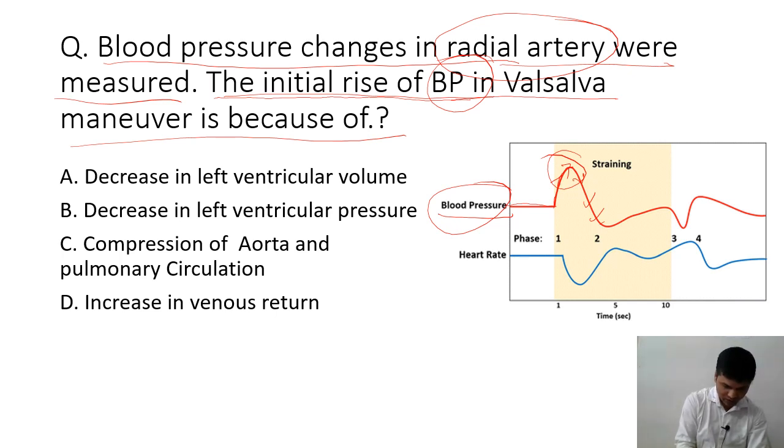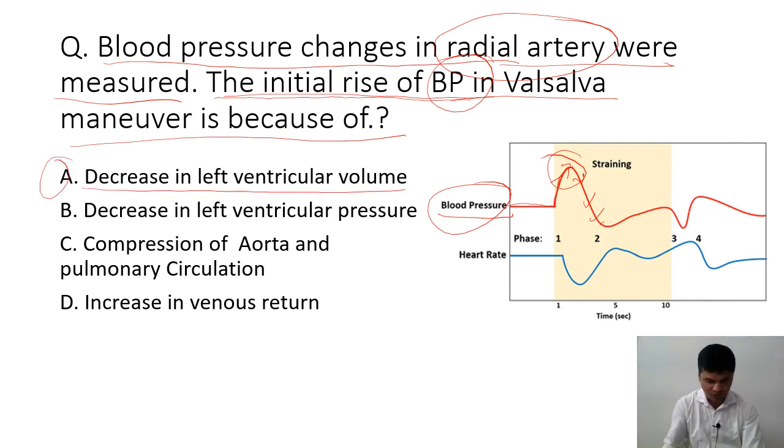Let's see the options. First is decrease in left ventricular volume. No, left ventricular volume will actually increase because you are increasing the intrathoracic pressure, so blood from the lungs will drain more to the left side of the heart, to the left atrium and left ventricle, and pressure will increase. So this is not the answer.